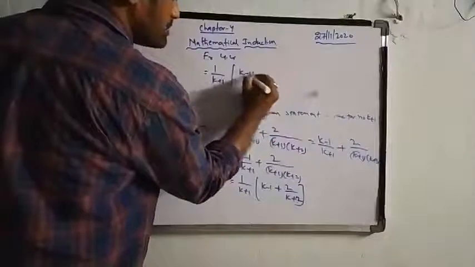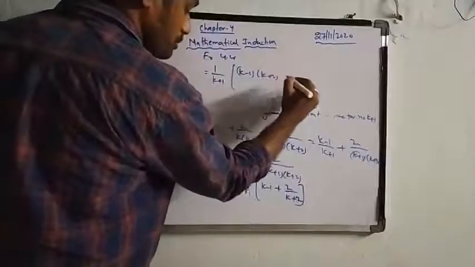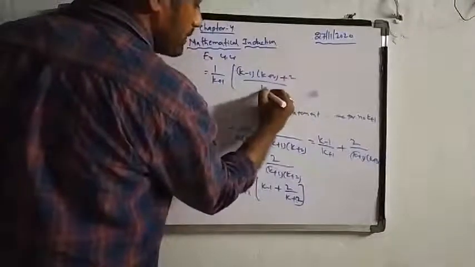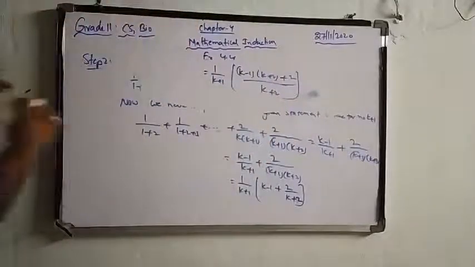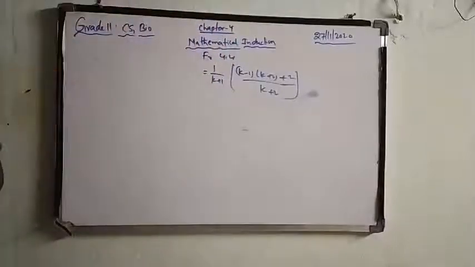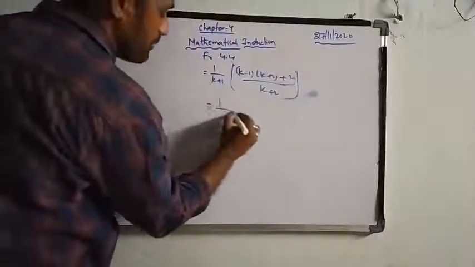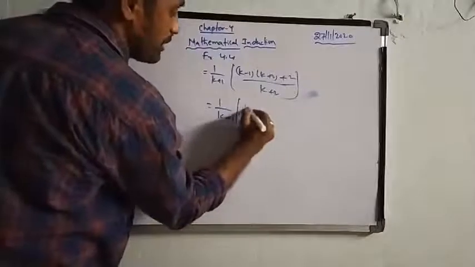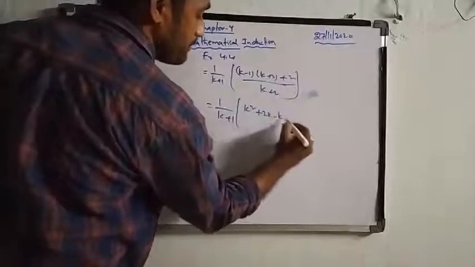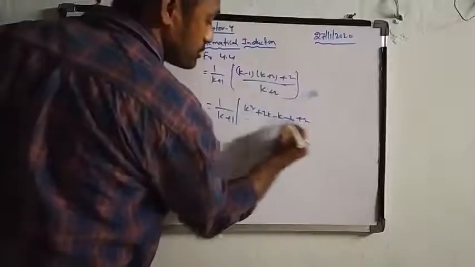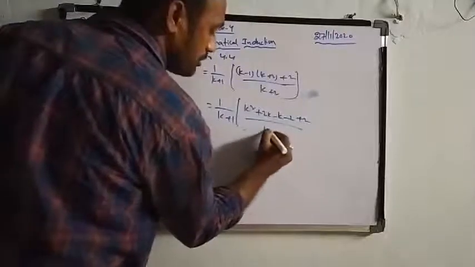It will be 1/(k+1) times [(k−1)(k+2) + 2]/(k+2). If I further simplify this, that is 1/(k+1) times (k² + 2k − k − 2 + 2)/(k+2).